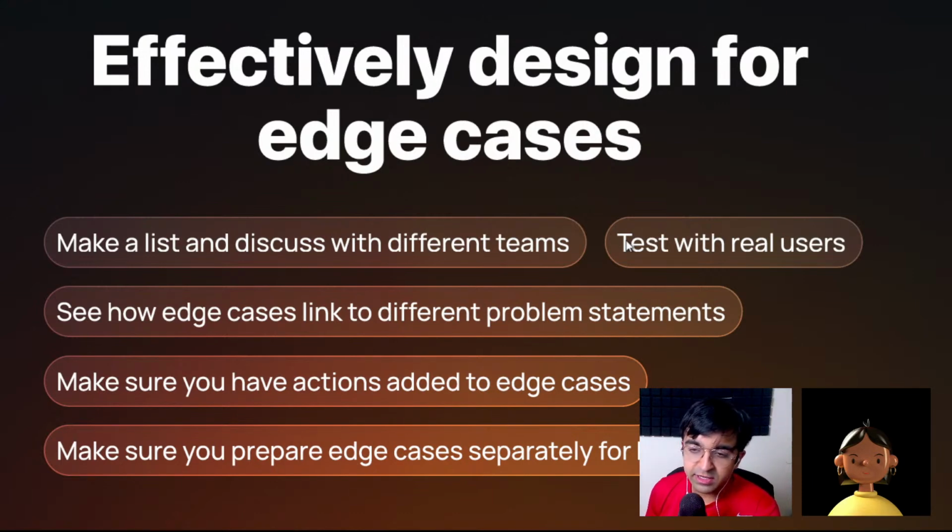If you test it with them before settling on a solution for your edge case, you'll have a better solution in the end, and you won't have any issues pushing it out to production. So testing with real users is always important.